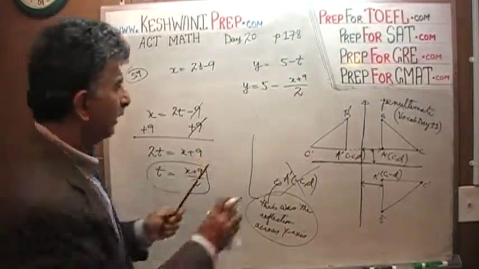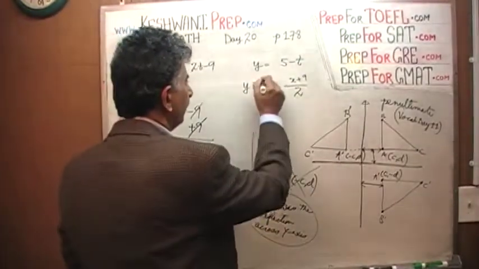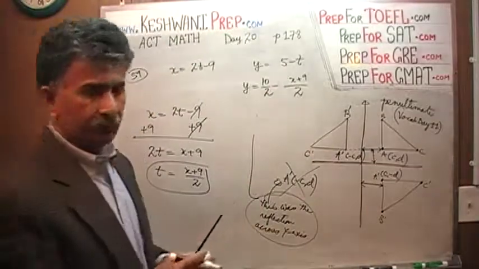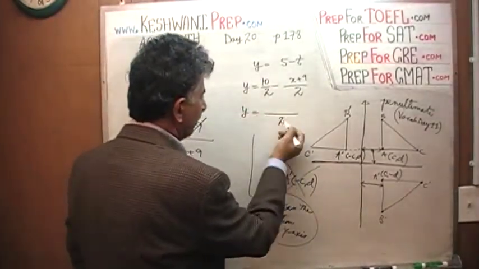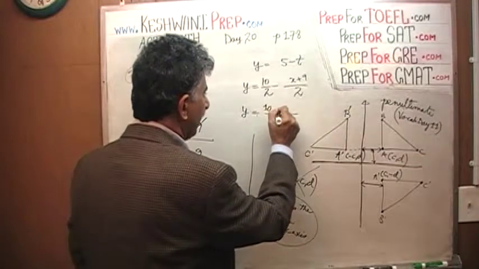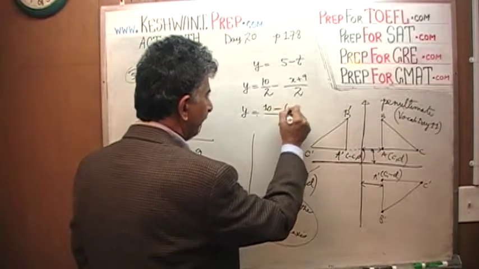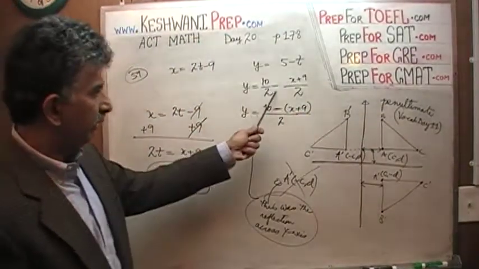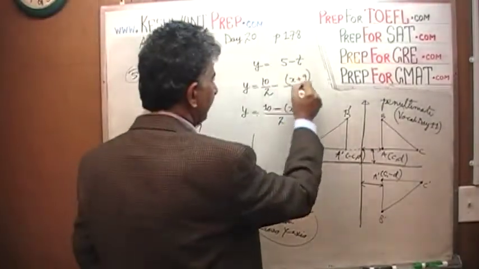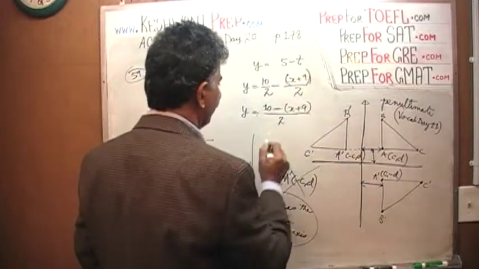This 5 can be written as 10 over 2. So now we have the common denominator, and on the bottom we have 2, and we have 10 minus, this is the part you have to be careful with, minus (x plus 9). Make sure you pay attention there. This minus belongs to this entire thing.